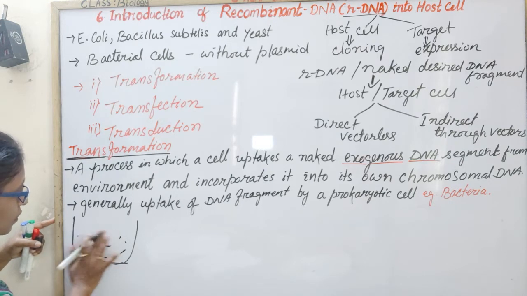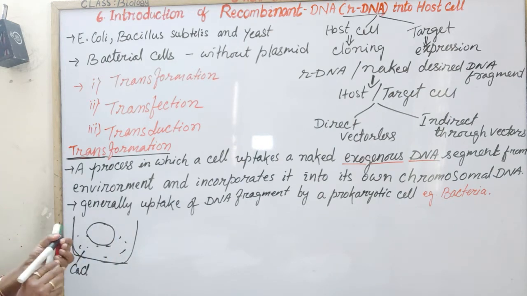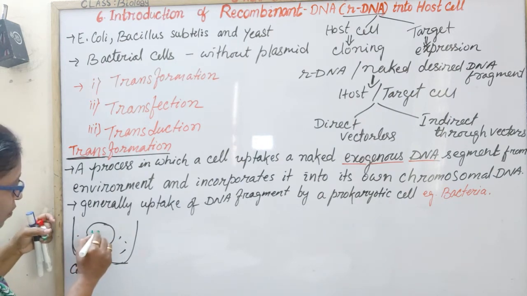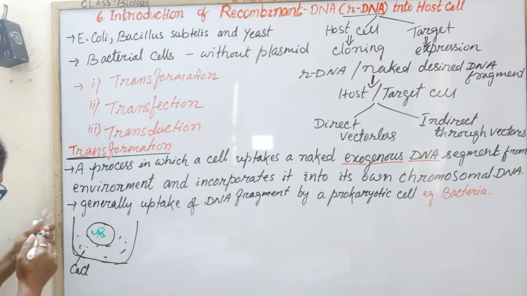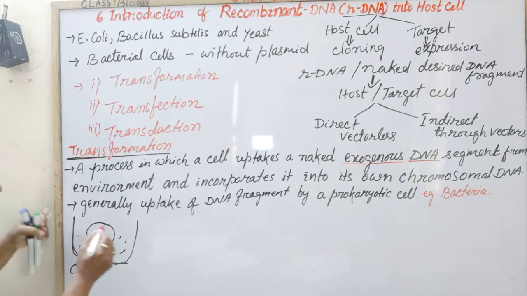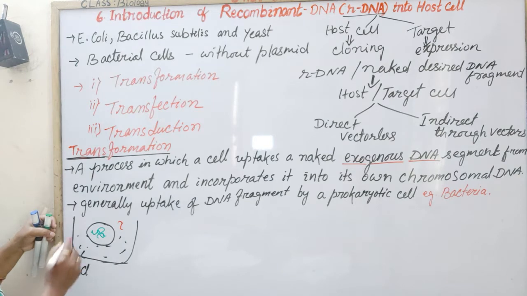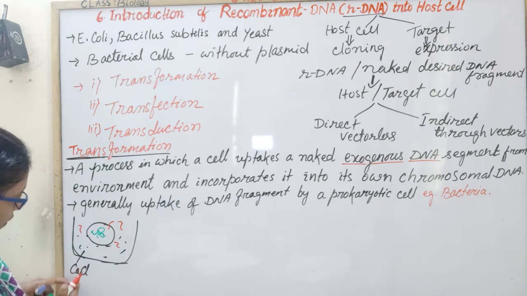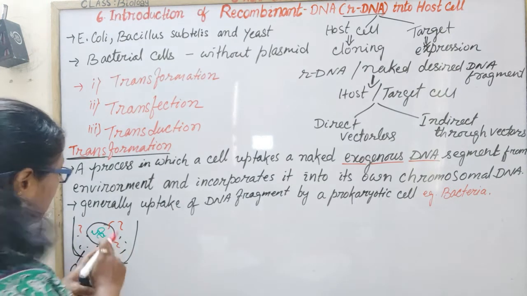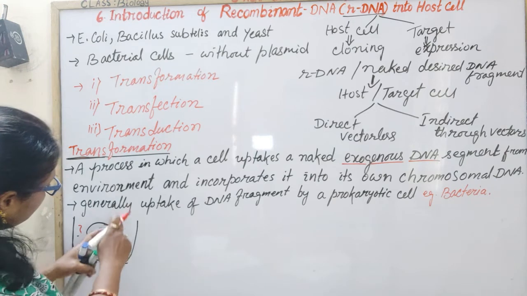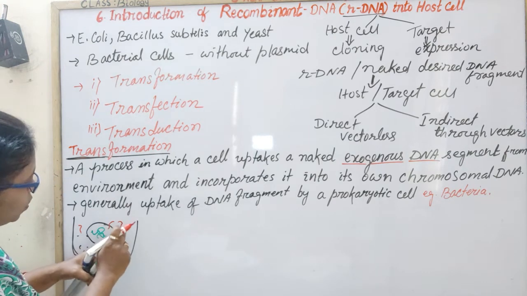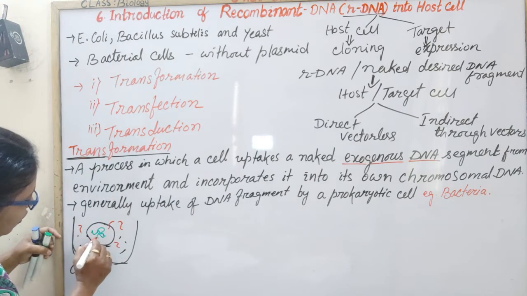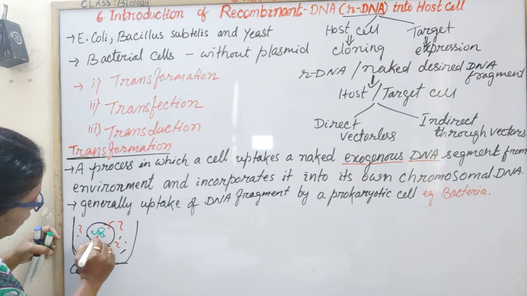Here is a bacterial cell having its own chromosomal part, and here are the DNA fragments. The calcium chloride makes it permeable, and the foreign exogenous DNA fragment enters and is incorporated.